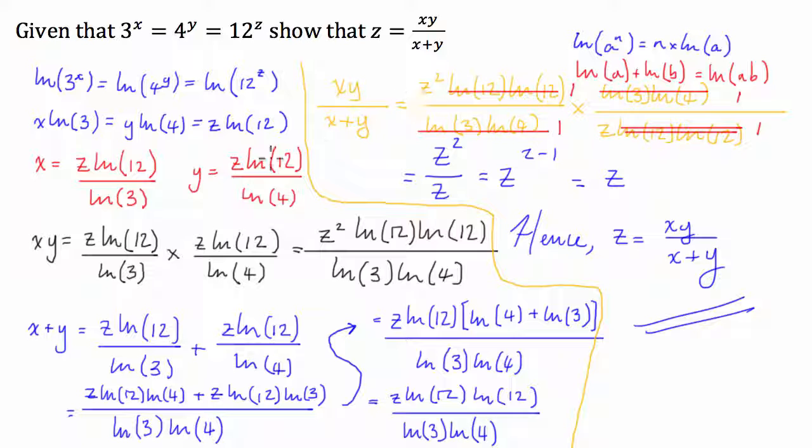Once we've built all of the variables for the right-hand side, we then have to compute them, or take the quotient of xy over x plus y. Once we've done that, it's just a matter of algebra and making sure you don't make any silly mistakes, and you will eventually pop out at the answer.